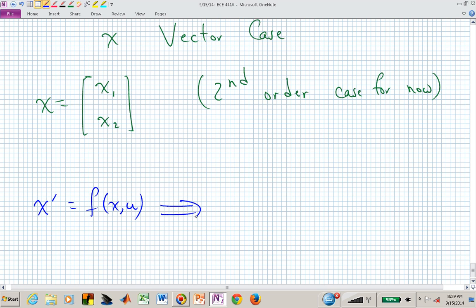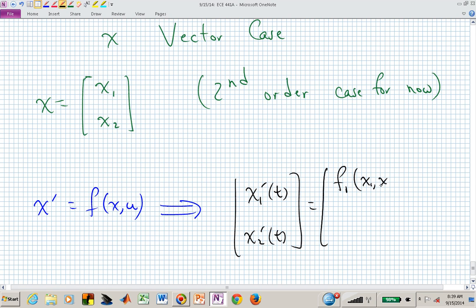This simply says that we have x1 prime, x sub 2 prime equaling f sub 1 of x1, x2, u, f sub 2 of x1, x sub 2, u. And now we have two different right-hand sides that could, one, be nonlinear. They could both have nonlinear terms, but we have to figure out how do we linearize those two right-hand pieces, f sub 1, f sub 2.